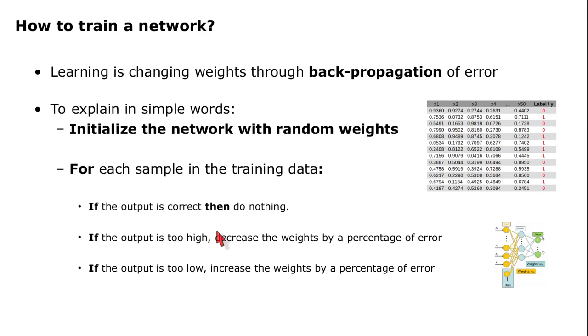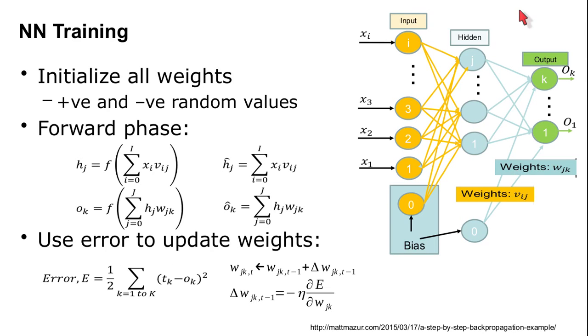Now let's derive the equations that determine how much the weights should be changed based on the percentage of error. Let us make the following assumptions about the nomenclature that we are going to use in this derivation. The input layer is assumed to contain I nodes going from 1 to I. The bias is represented by node 0 indicated here.